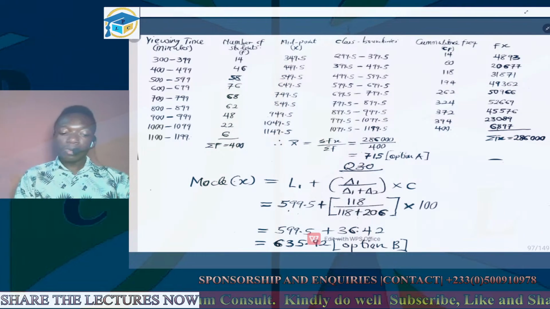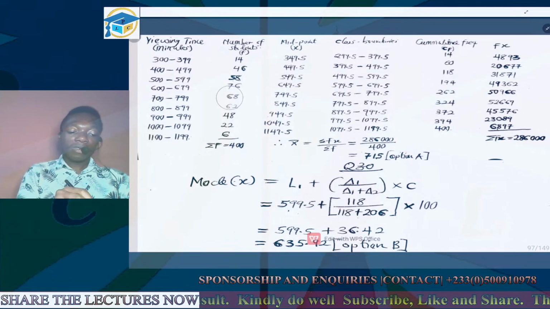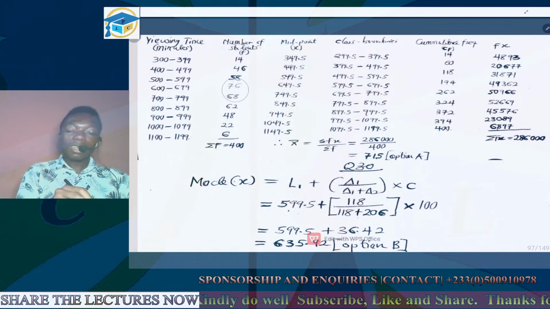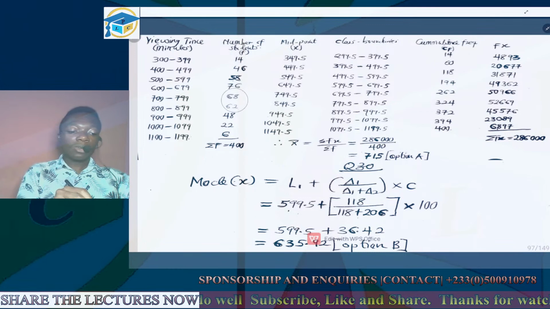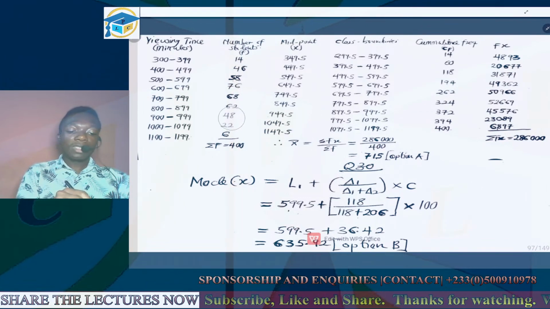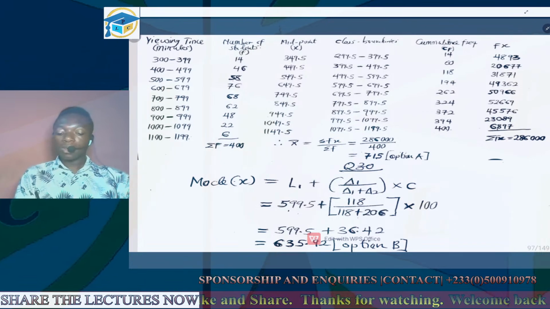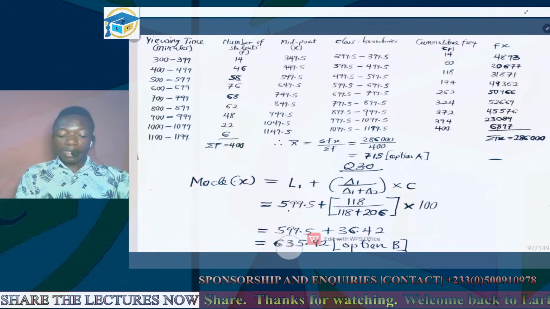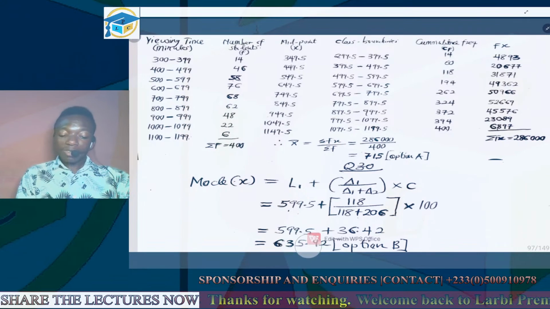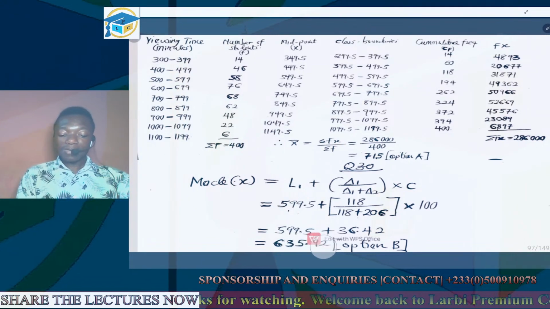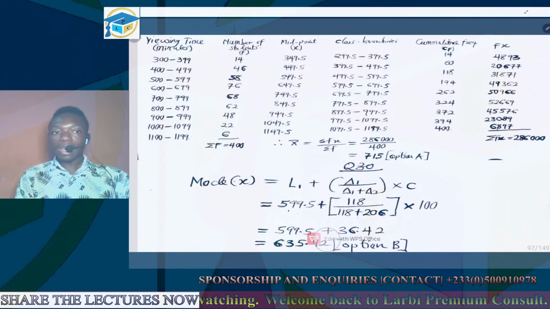For triangle 2, it's the summation of the frequencies that come after the modal class, which is 76. So that starts from 68, 62, 48, 22, and then 6. If we sum them, we get 206. When you put them together, the final answer is 635.92.